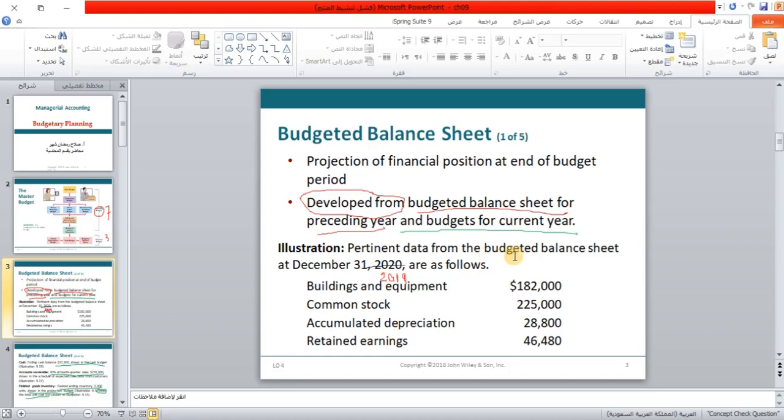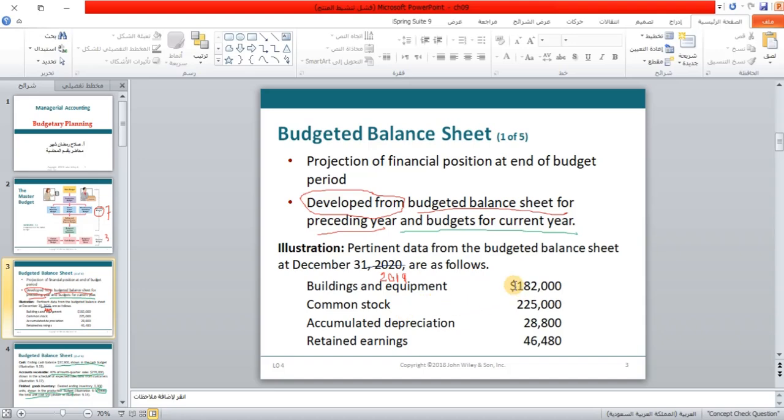Pertinent data from the budgeted balance sheet at December 31, 2019 are as follows. As you see, this is the budgeted balance sheet for the preceding year.